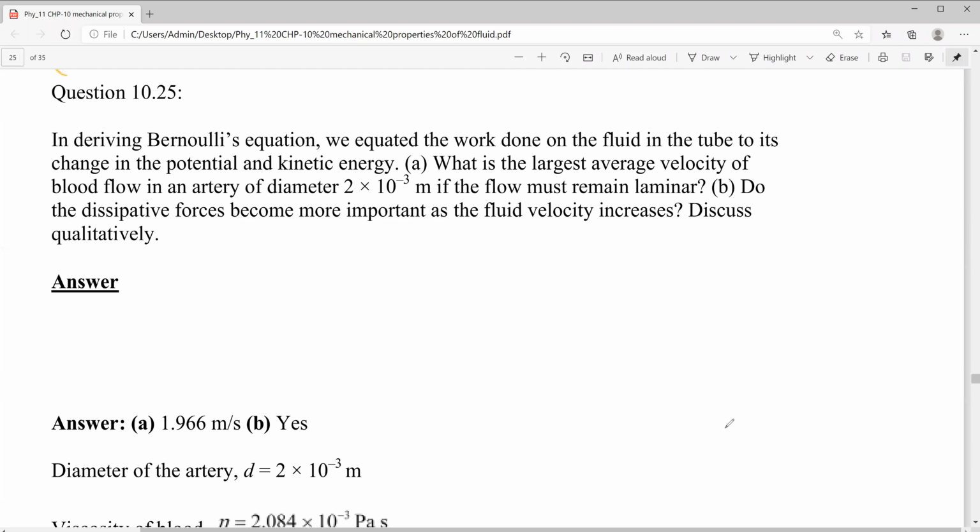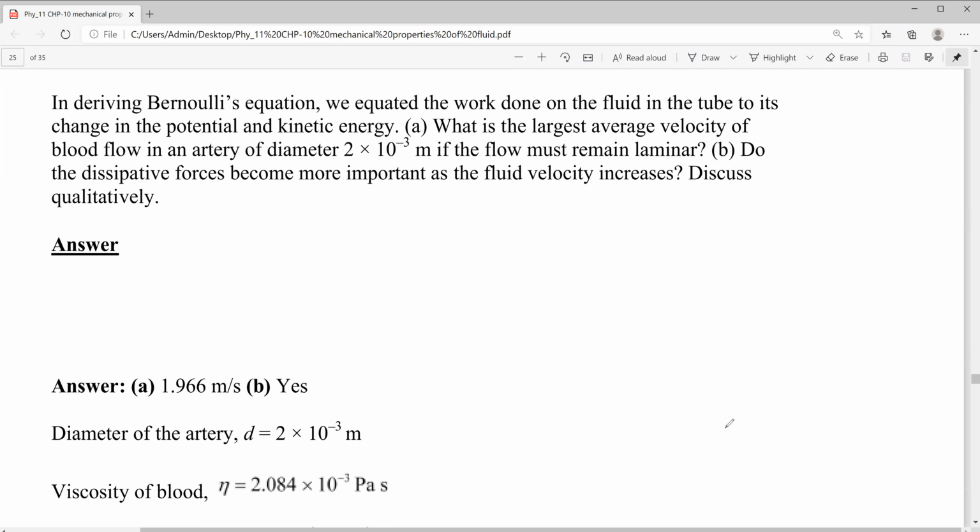So what is the question? 10.25: In deriving Bernoulli's equation, we equated the work done on the fluid in the tube to its change in the potential and kinetic energy.